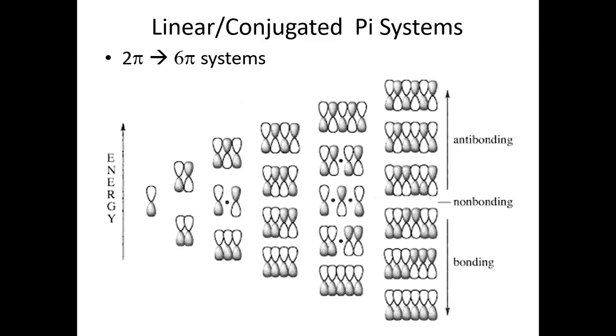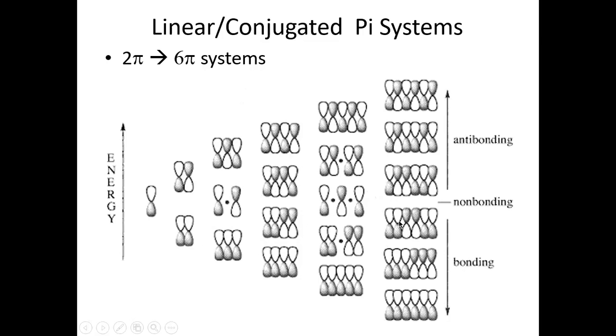We're going to talk about this more on the next slide, but this is your bonding, and this would be anti-bonding. Bonding is always where the orbitals have the same sign and overlap constructively, and anti-bonding is where they overlap destructively. So it's 2 pi, 3, 4, 5, and 6.